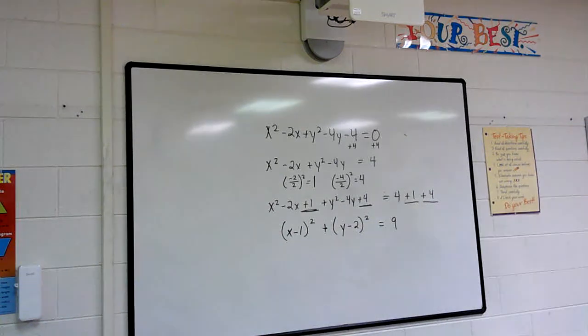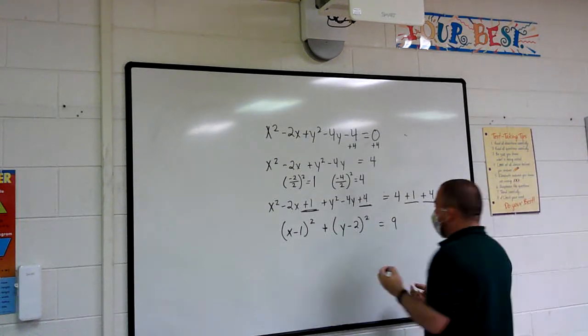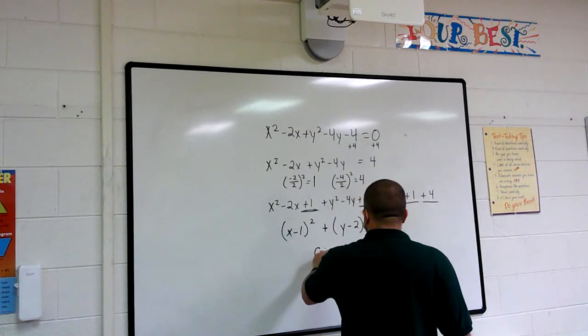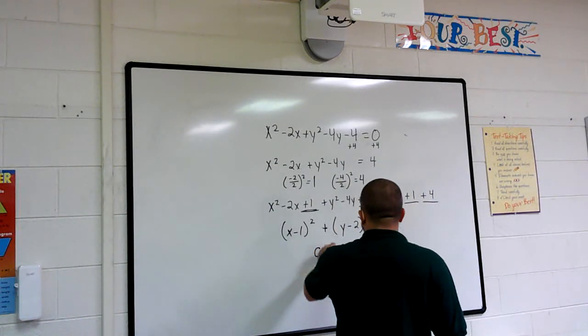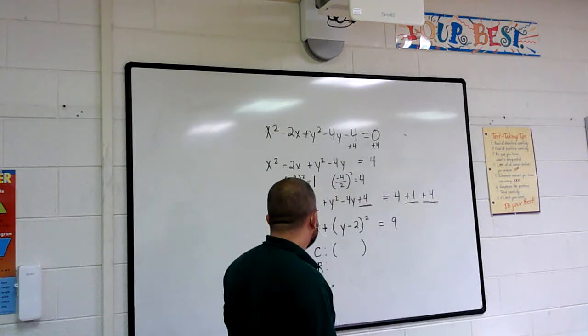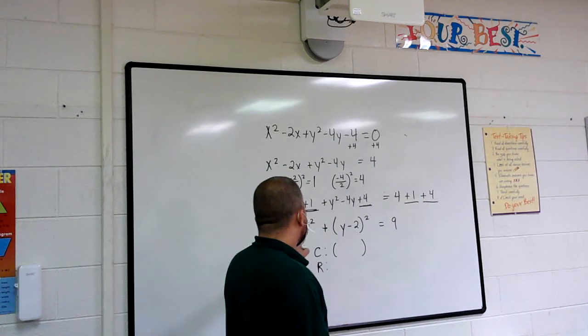And now magically we went from what looked to be a complicated equation at the beginning to the equation of a circle, right? So the equation of the circle, they will then ask us potentially, what is the center and what is the radius. And so the center of this circle is, opposite.